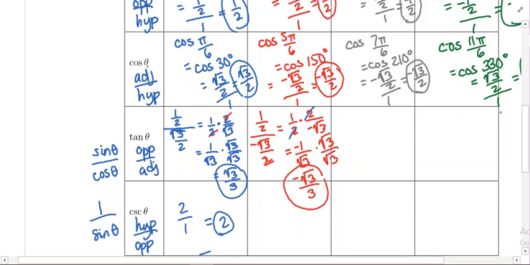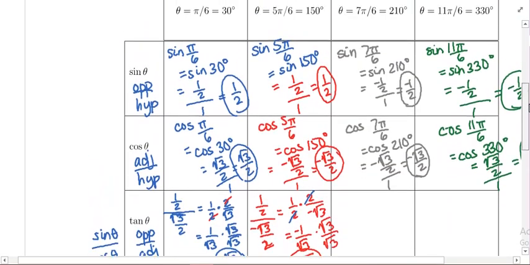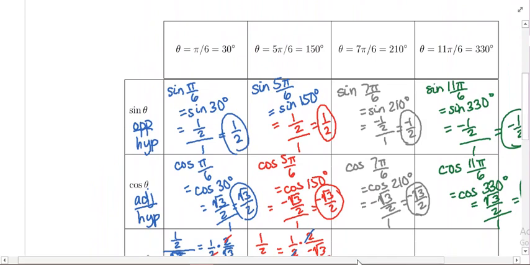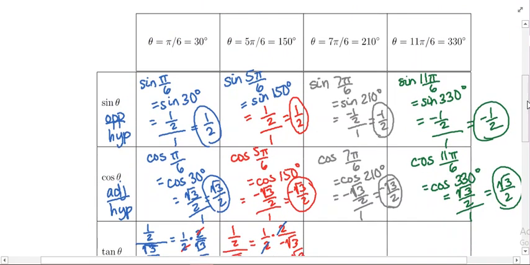I will complete this chart because it's pretty self-explanatory if you've seen it once. And then, if you want to try it, you can go back and check yourself. But the big thing you should be taking away from this is that now that we have these coordinates on the unit circle, you can get the values of all the 6 trigonometric functions from those coordinates.